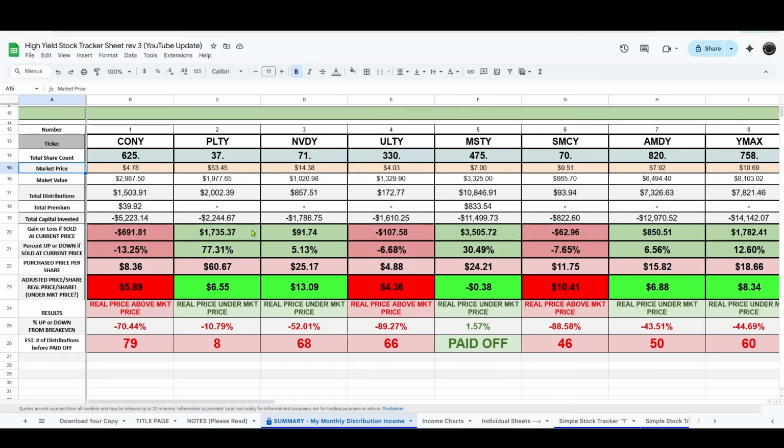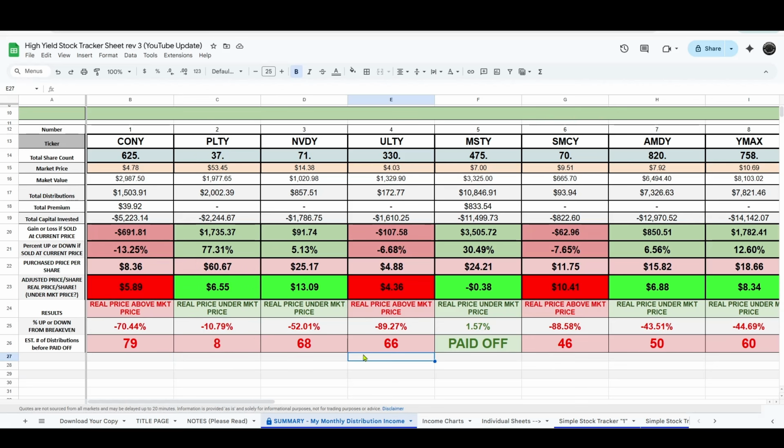It will help you track what your real price per share is and know whether it's actually a good time to buy, like CONY, versus not so good on PLTY, because I do not want to average up and extend out my payoff period, which is this number right here. So come on over, join the Discord, get your copy of the spreadsheet, enter your own information, and start tracking your own ETF plays so that you can stay informed of that real price per share.